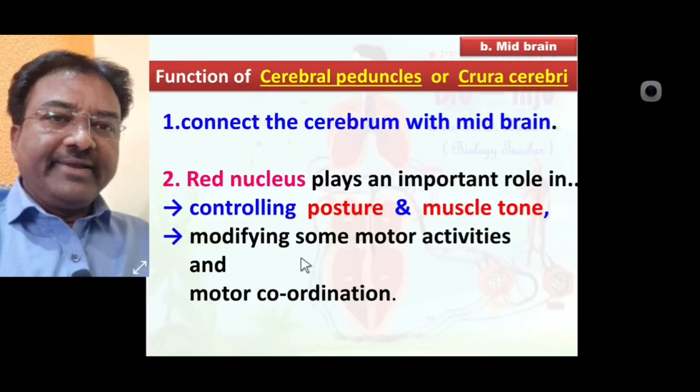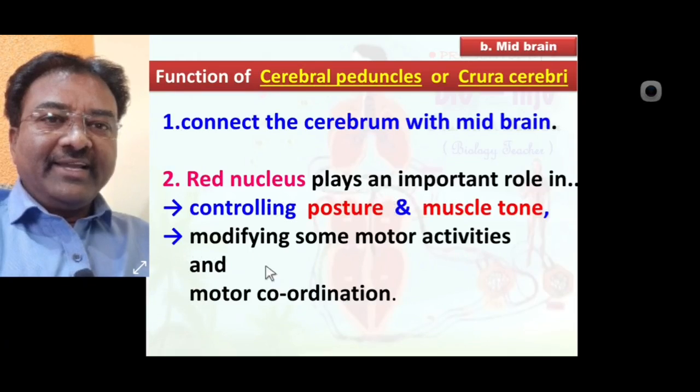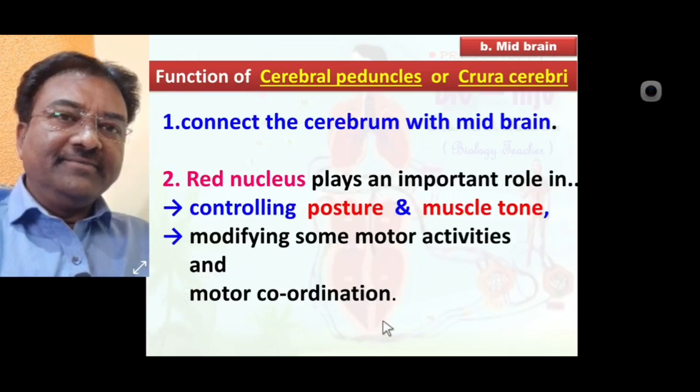What are the functions of the red nucleus? Controlling posture and muscle tone, and modifying some motor activity and motor coordination.